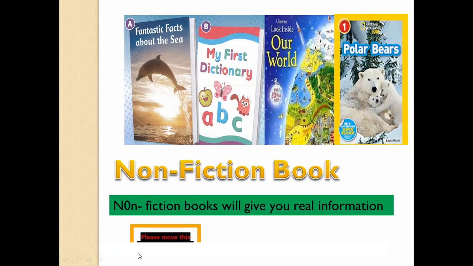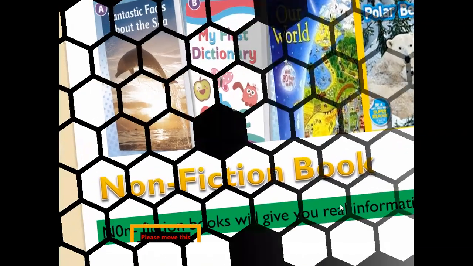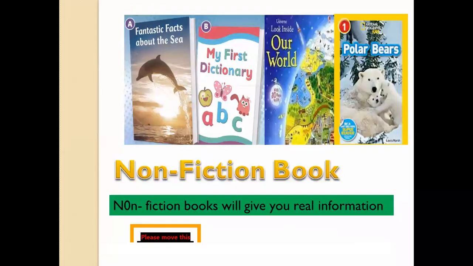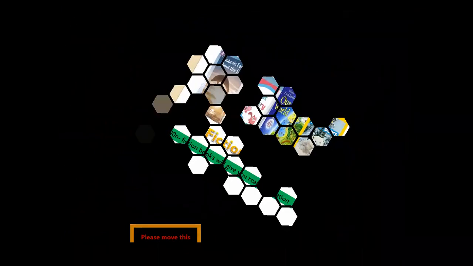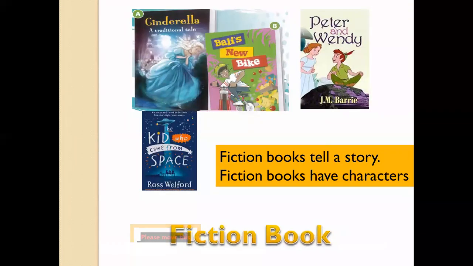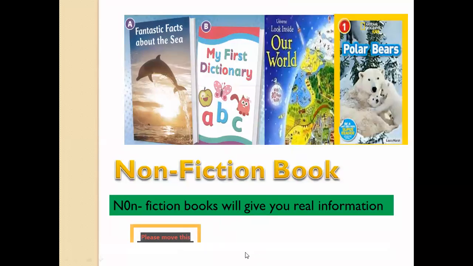So non-fiction books will give you real information, and fiction books, what about fiction books? They tell us a story, and fiction books have characters. Fiction books tell us a story and they have different characters, whereas non-fiction books give us real information.